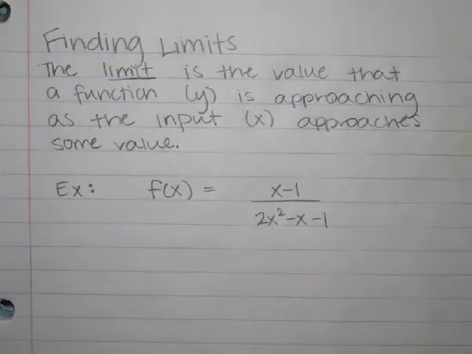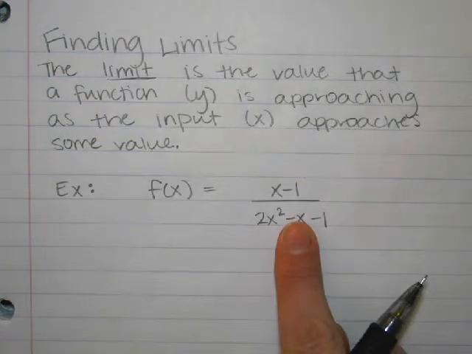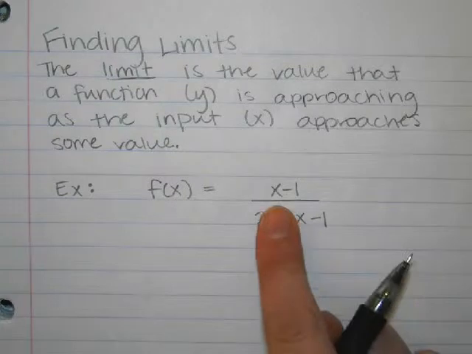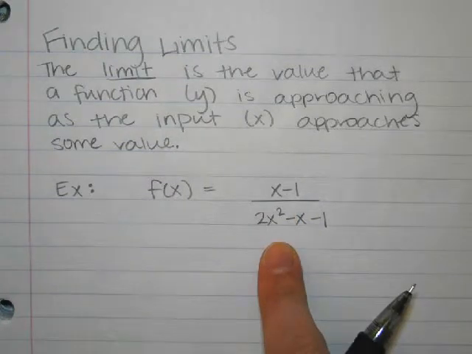What would happen if I plug 1 in, because I want to see what the y coordinate is when I have an x coordinate of 1? I get 0 on the top. What do I get on the bottom?